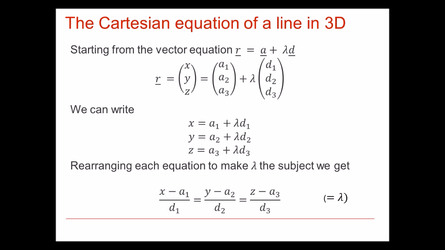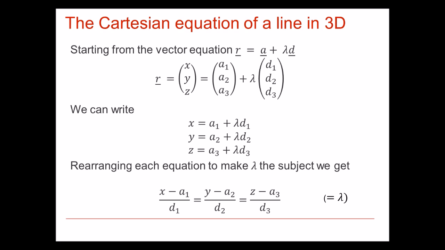Working in 3 dimensions, and again starting from the vector equation in the form r equals a plus lambda d, where we split a and d down into the a1, a2, a3 and d1, d2, d3 components, we can then write that x equals a1 plus lambda d1, y equals a2 plus lambda d2, and z equals a3 plus lambda d3.